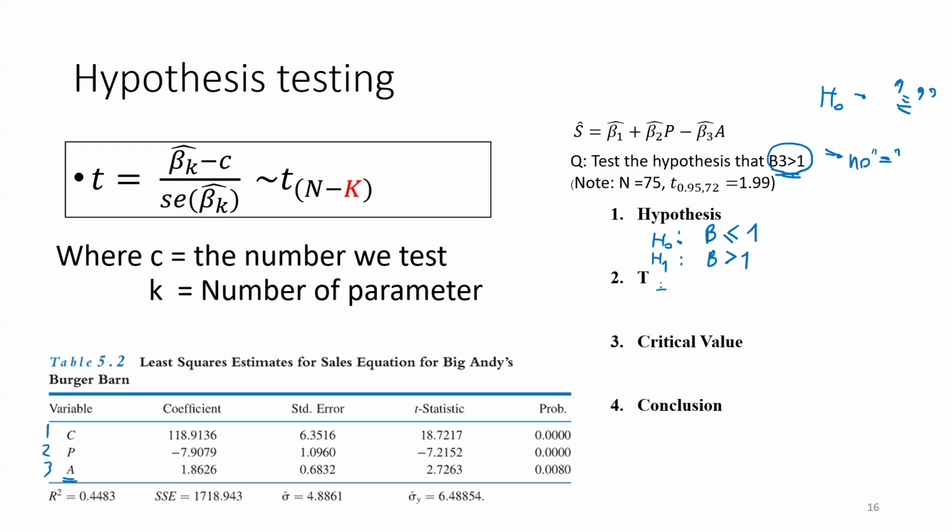Then the t test: t equals beta hat minus what you are concerned about, over standard error, which means 1.86 minus 1 over the standard error.